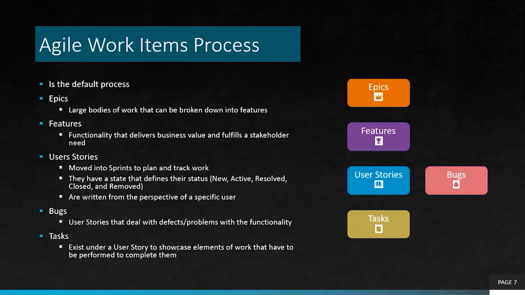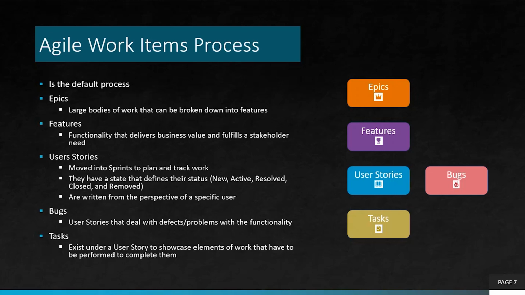It's a large body of work that can be broken down, but in this case, it's broken down into features. And features are basically functionality that delivers business value and fulfills a stakeholder need. But those features can also be broken down into user stories. And those user stories is what you move into the sprint to plan and to track the work.